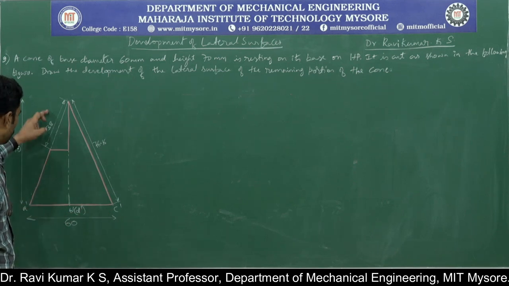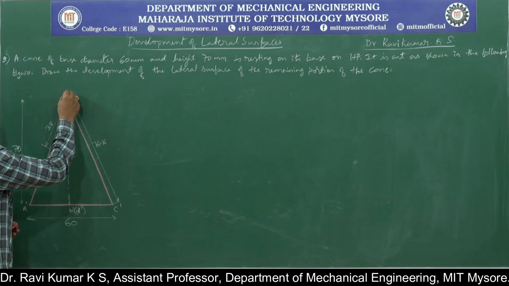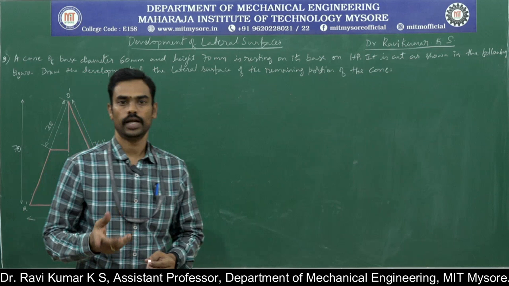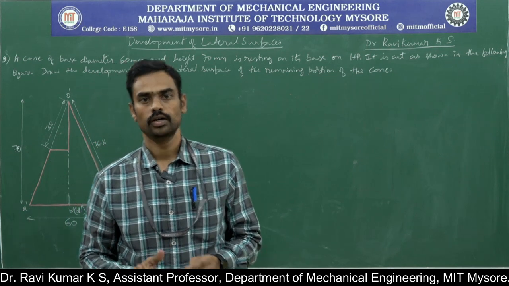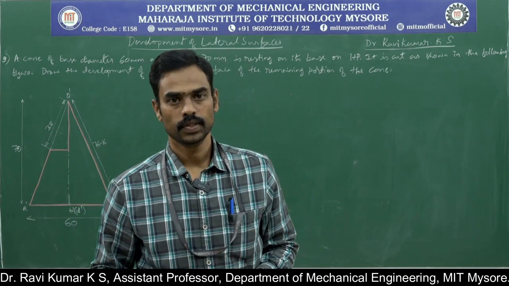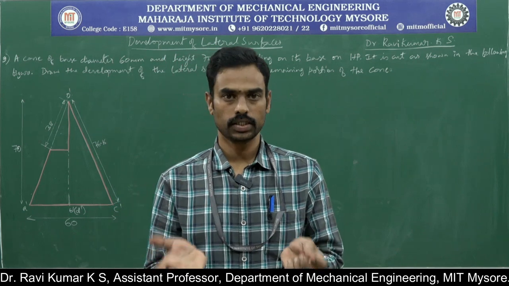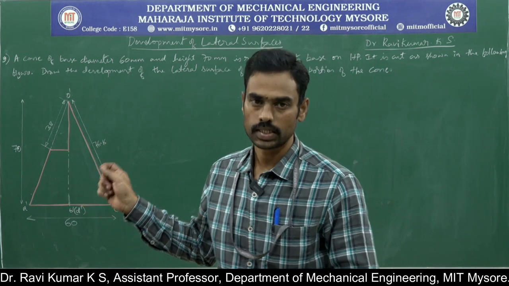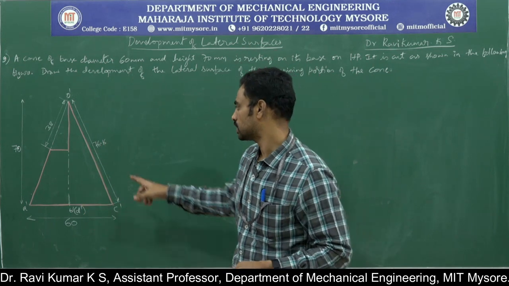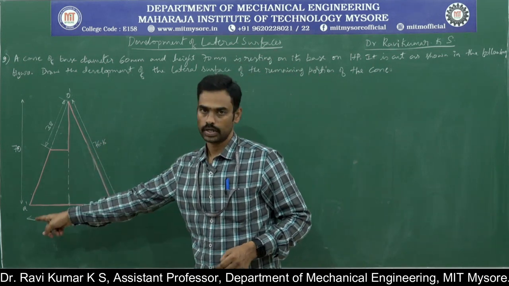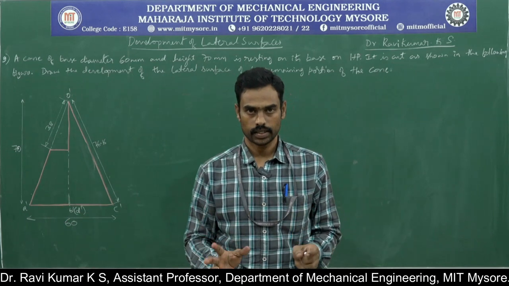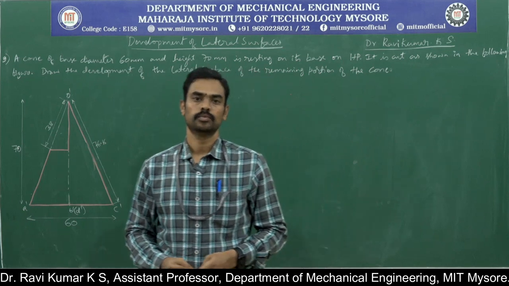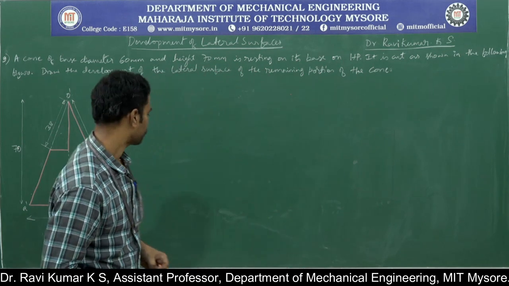So here O dash A dash and O dash C dash are called generators. Since it is a cone, you will not find lateral edges here because there are no lateral edges in the case of a cone. Therefore, the line which appears as an edge at the outermost end is called a generator in the case of a cone, that you might have studied in the projection of solids.